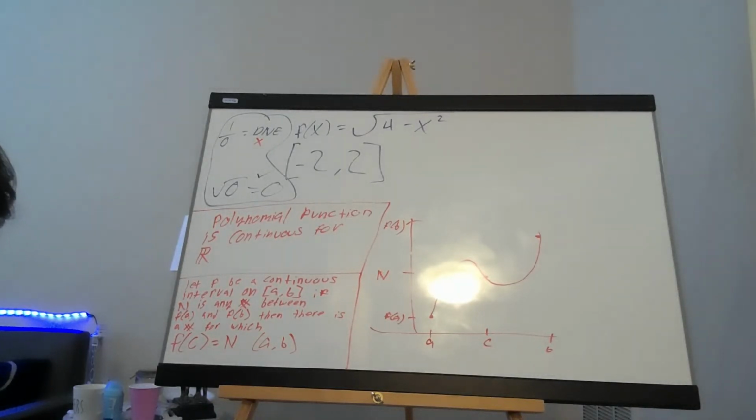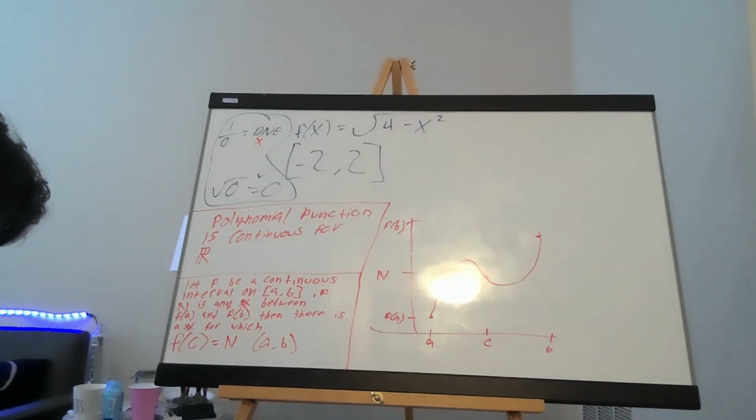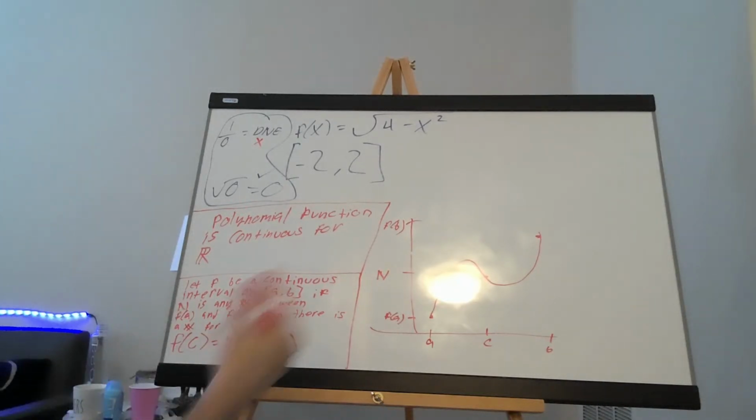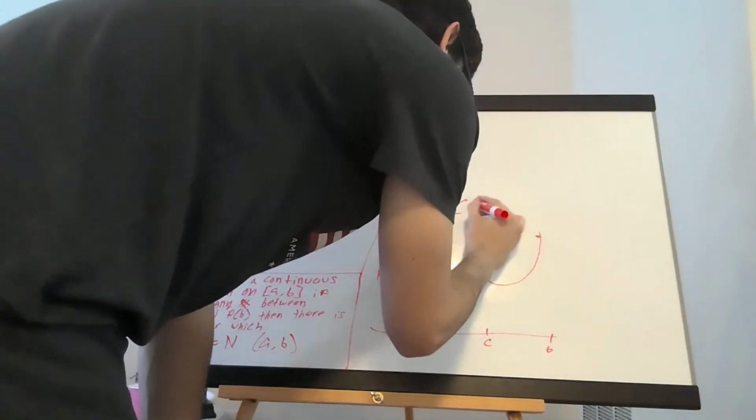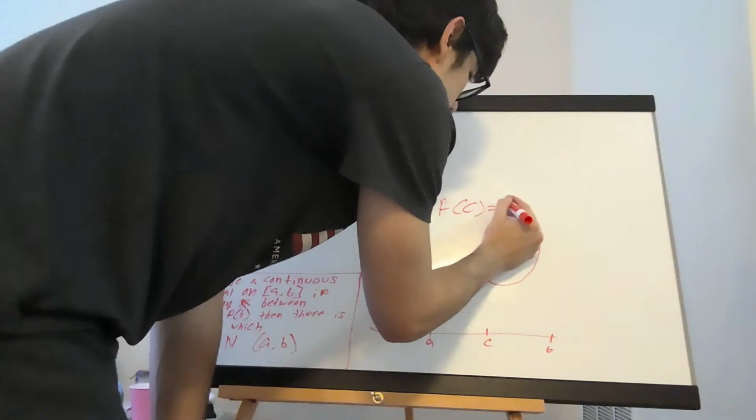And what that means is that there's at least one number c in the open interval ab where f of c equals n. But yeah, for this to work, the basic thing you need to know, this is really the main takeaway: f of c has to equal n.